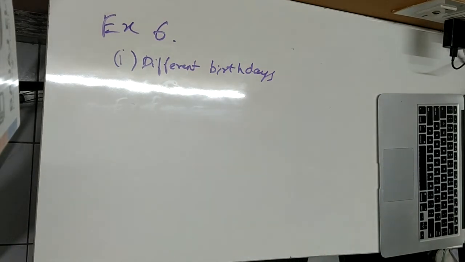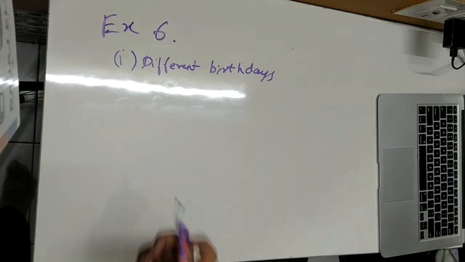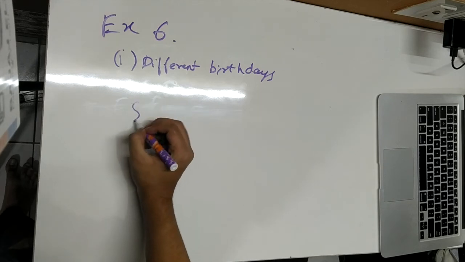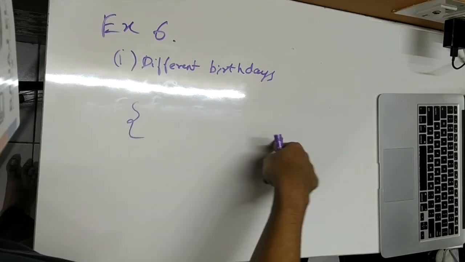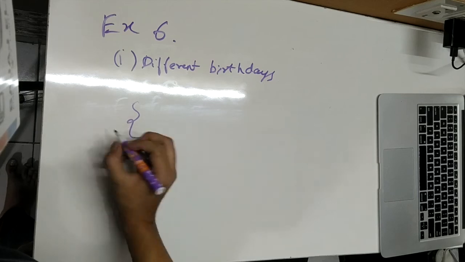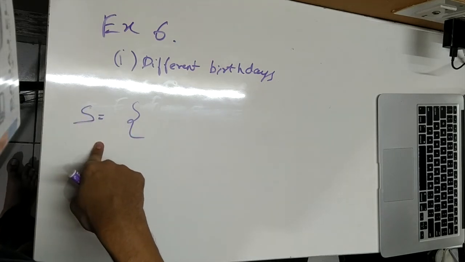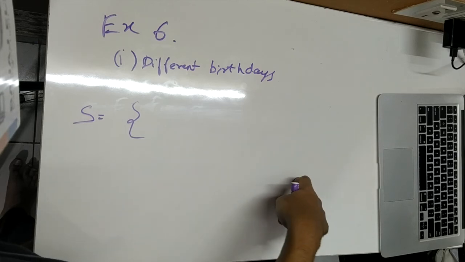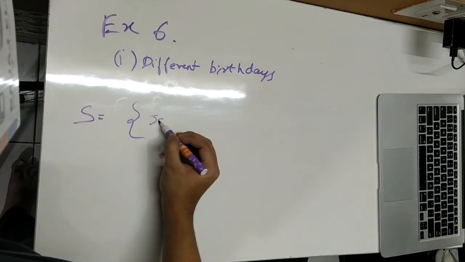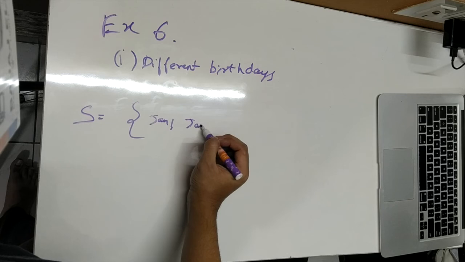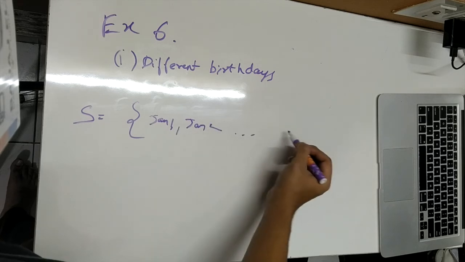So let's calculate that. How to calculate this? Usually we first write all possible outcomes of the experiment. Now for Savita, if we are finding the birthday of Savita, what are the possible outcomes? It can be Jan 1st, Jan 2nd, or up to December 31st.